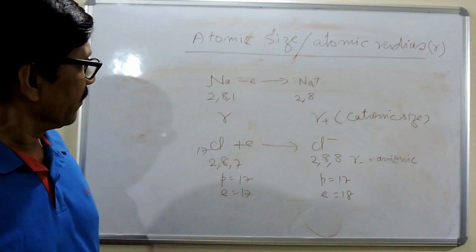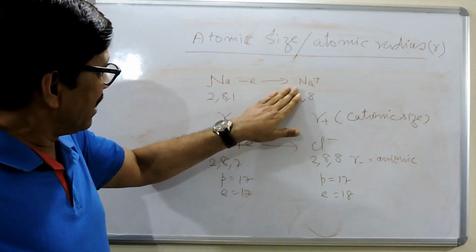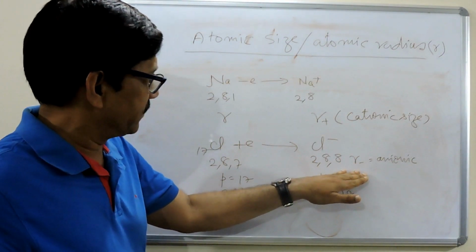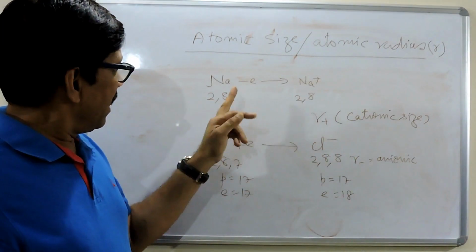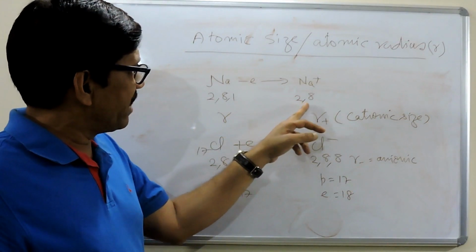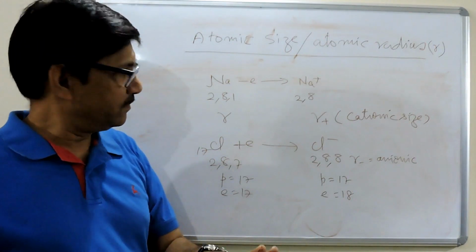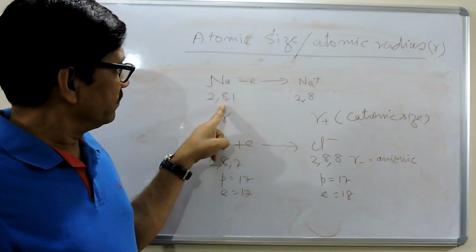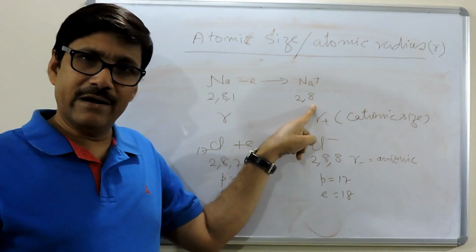Okay, so once more, for cation what happens? The size will decrease, for anion size will increase. I repeat the explanation. What happens after loss of electron? The number of shells has decreased. At the same time, there are 11 protons, and here also 11 protons, but the number of electrons is 10 only.